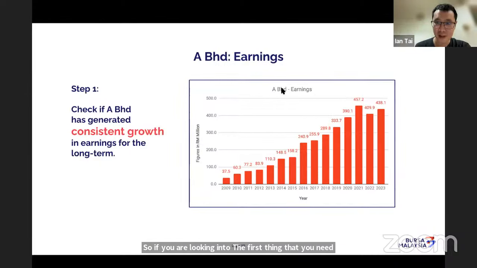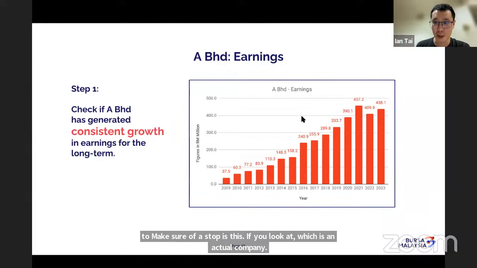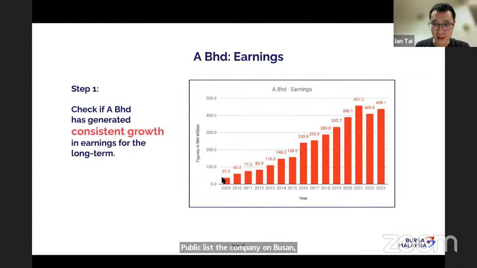Okay, so if you are looking into CAGR, the first thing that you need to make sure of a stock is this. If you look at A Berhad, which is an actual public listed company on Bursa Malaysia, if you look at its earnings, it has actually grown consistently over the long term. Sure, there are times whereby it grows much faster. There are times it might grow slower. But overall, over the long term, it should generate consistent growth in earnings.